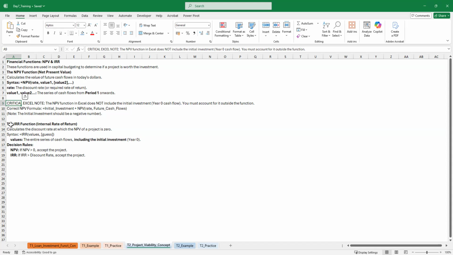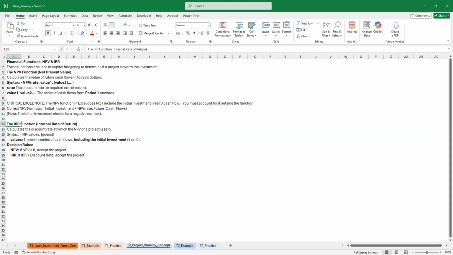Then the second is the IRR, which is the internal rate of return. This is another key metric along with NPV. It calculates the exact discount rate at which the project's NPV equals zero. So it's the project's intrinsic rate of return.